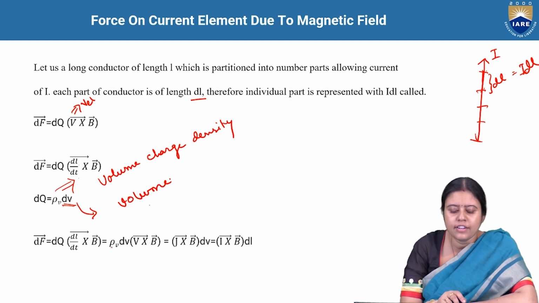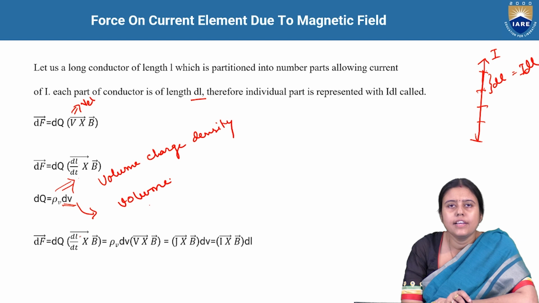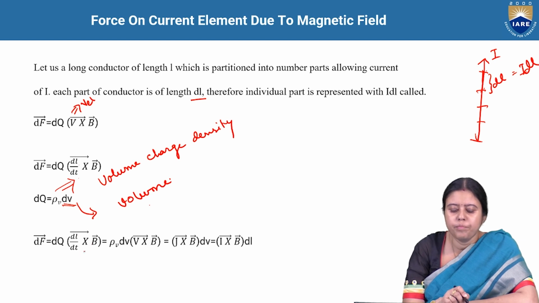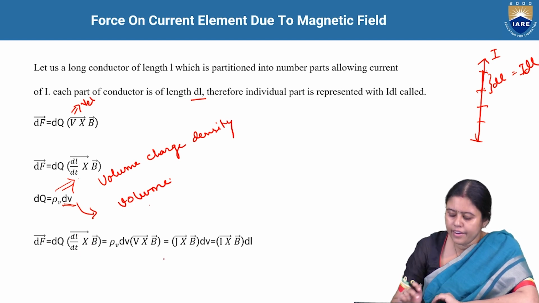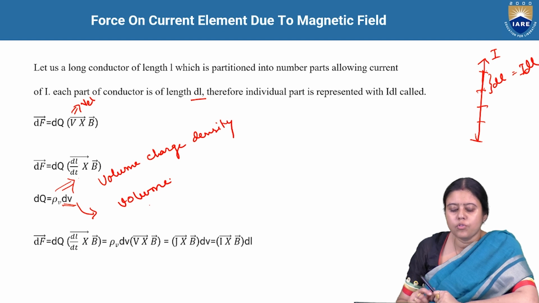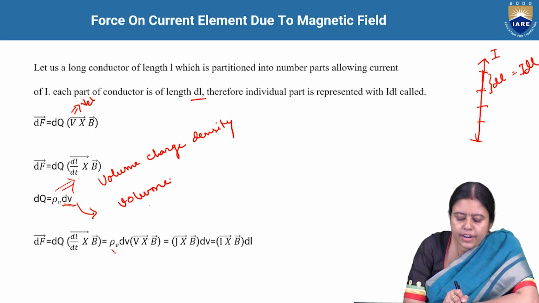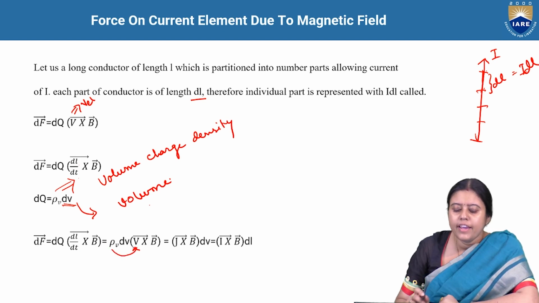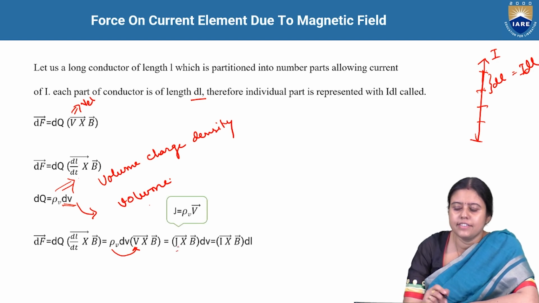So we can write rho v dv V cross B, or dF is equal to dq dl by dt cross B. Again, we know that rho v into V is nothing but the current density.